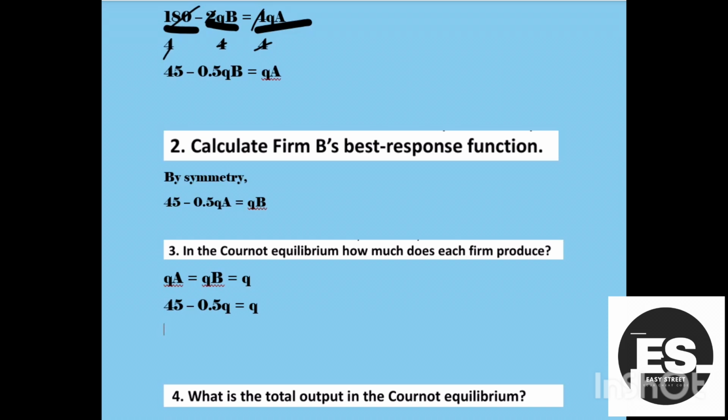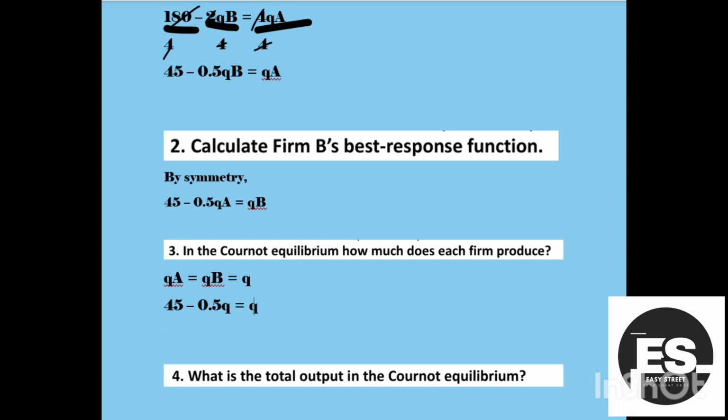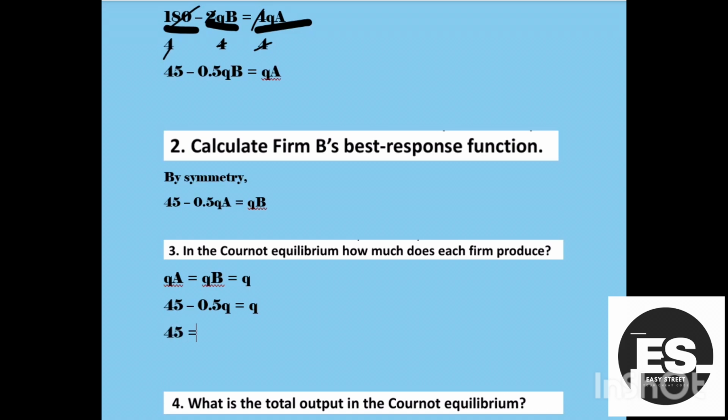Usually most people would take Q to the left. The trick is you've got to leave 45 and move the 0.5Q, which is half Q, to the right hand side.